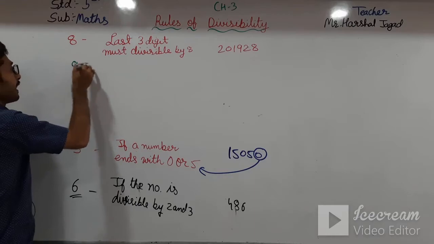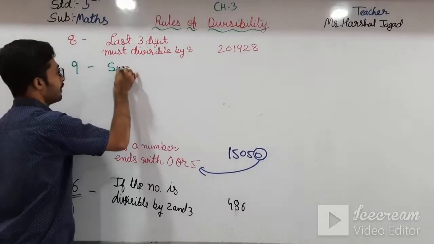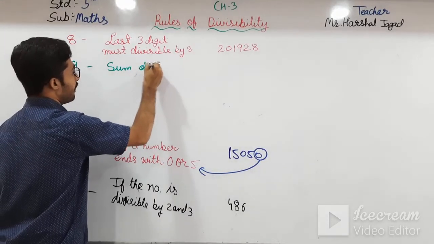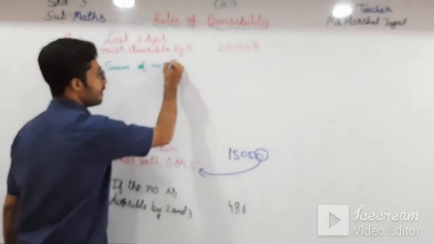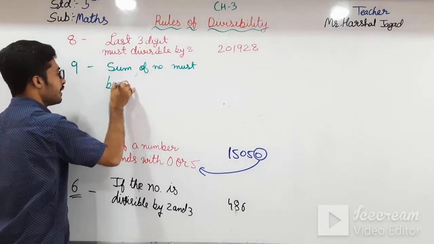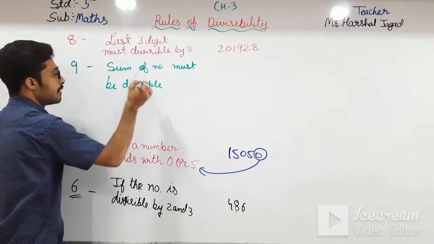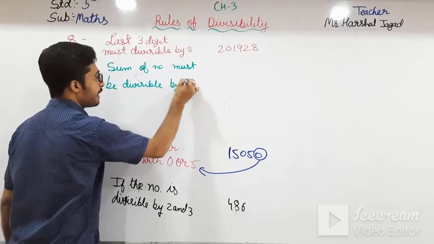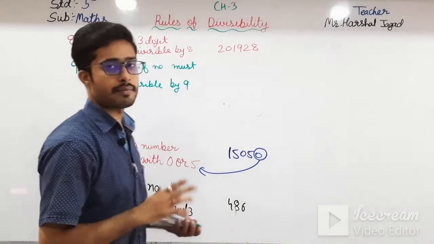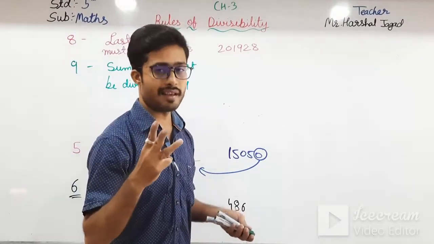Now checking with 9, the sum of the digits of the number must be divisible by 9, as we have done in 3.